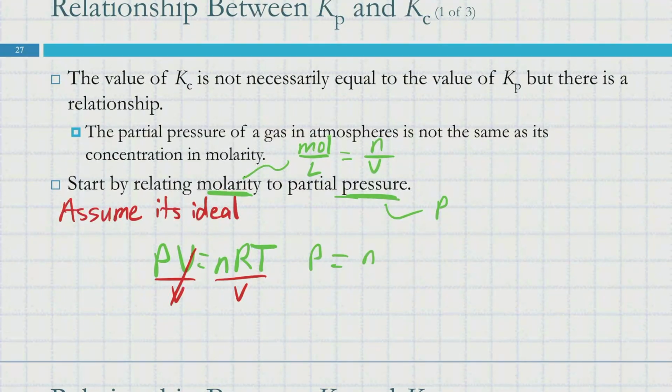So P equals nRT over V. That would be one way of doing it. We could also instead put the RT on the other side.